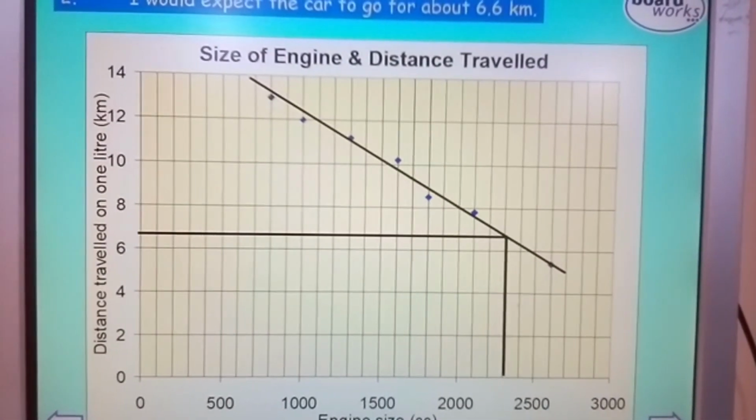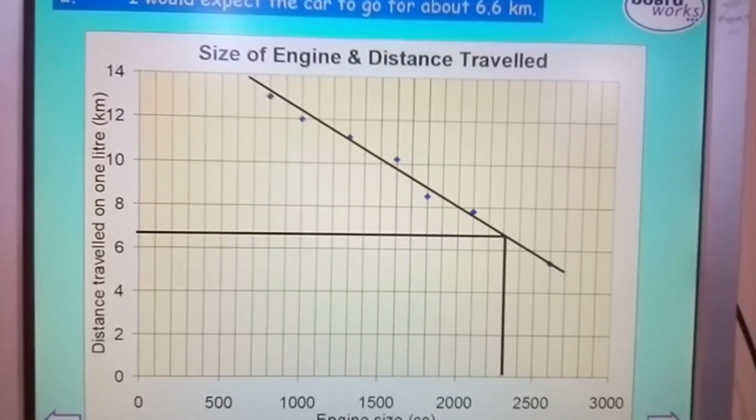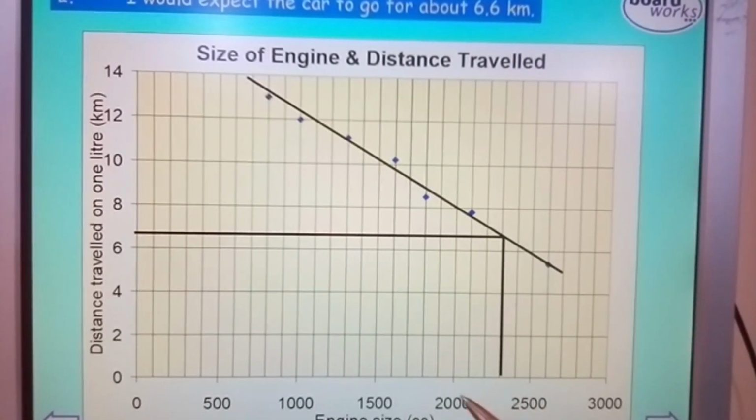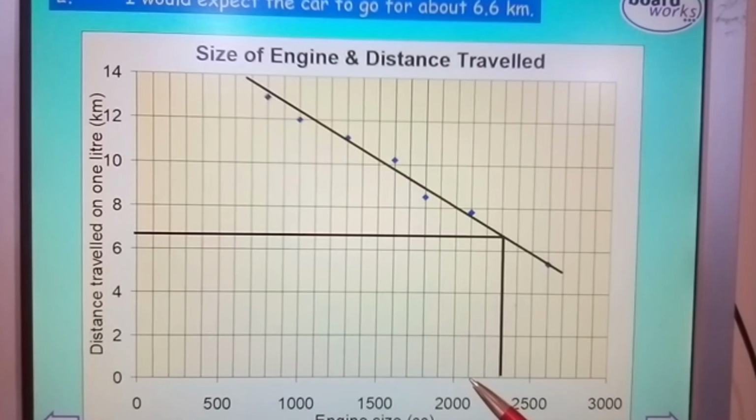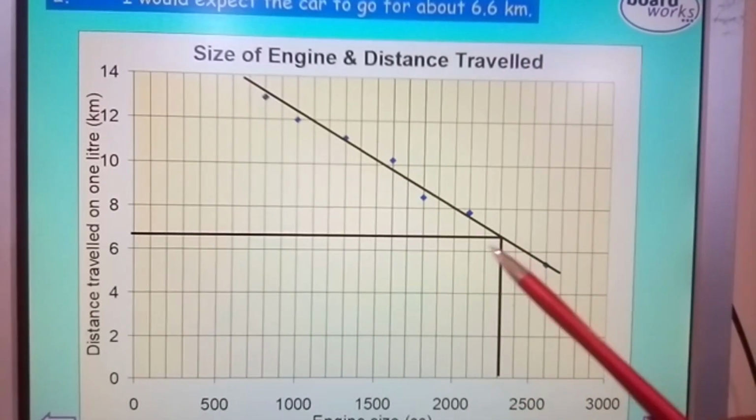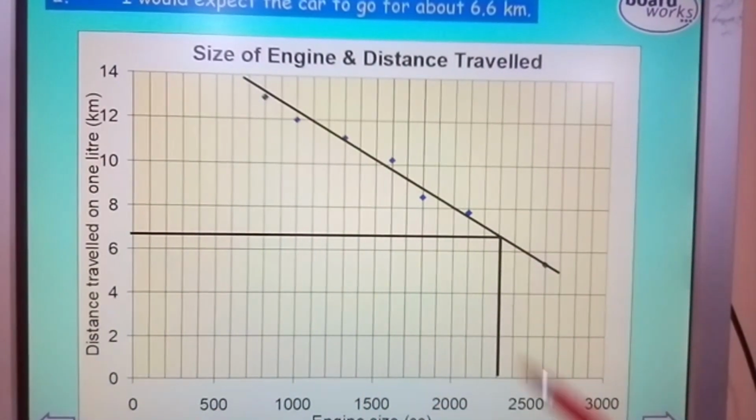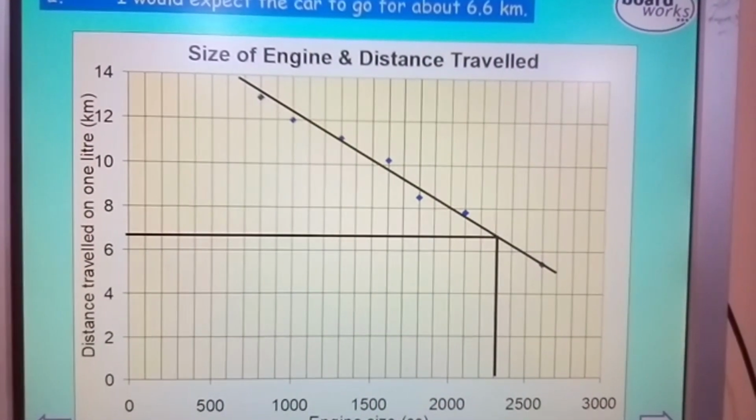And here, all you're doing now is looking at, for a given size engine, where it gives 6.6 kilometers.